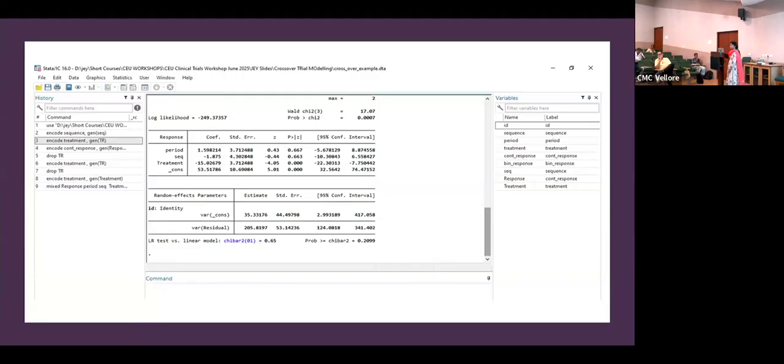It is not there. Mostly the period effect and sequence effect go together. Usually you don't look at the period only to understand whether the first period makes a difference or the second. But that's not what our interest is. Ideally, we are looking at really the sequence and the treatment.